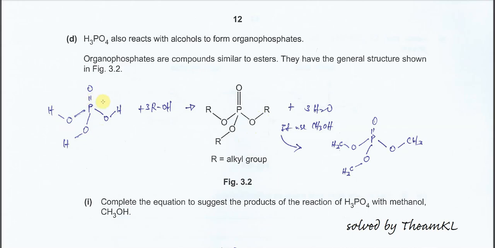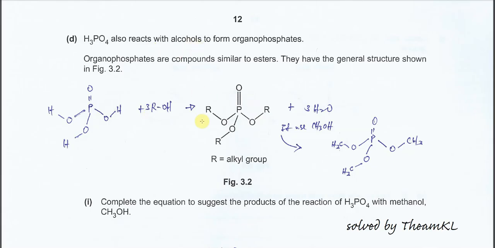When phosphoric acid reacts with alcohol, the R group depends. It can be methyl, ethyl, and others. Let's say the phosphoric acid reacts with one alcohol with this R group. The hydrogen will be substituted by the R group, the alkyl group, and form this organophosphate.